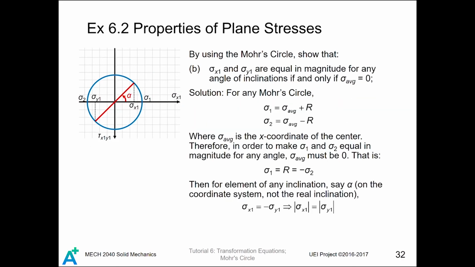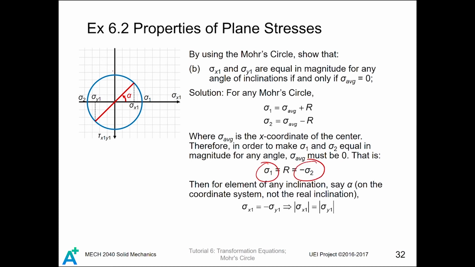Next, you are going to show that sigma x1 and sigma y1 are equal in magnitude for any angle of inclination if and only if the average direct stress is 0. To do this, first we have a look at the circle. For any Mohr circle, we know that the principal stresses sigma 1 and sigma 2 equal average plus or minus r. First, we try to make the principal stresses equal, so we set sigma average equal to 0 so that the principal stresses have the same magnitude.